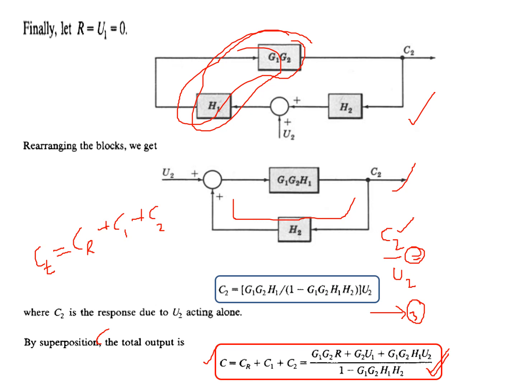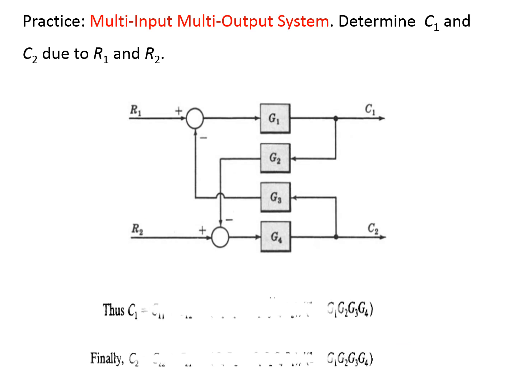This is the total output due to the inputs R, U1 and U2. These types of problems are very important. Try to concentrate on 2-input and 3-input problems. Those are the different types of problems on block diagram reduction techniques.